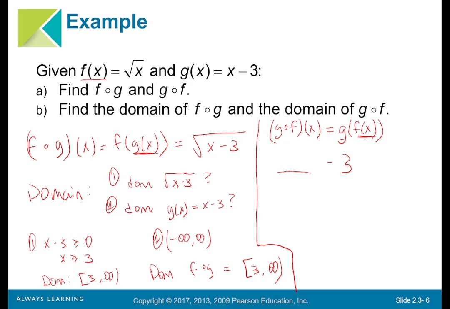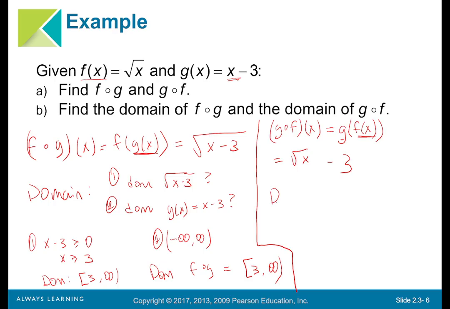Now I got to plug in my function, f of x, anywhere I see an x, which is where my blank is, and f is the square root function. So this becomes square root of x, minus 3. So here the minus 3 is not inside the square root function. Okay. So that's it though. That is my composition here. Square root of x, minus 3.